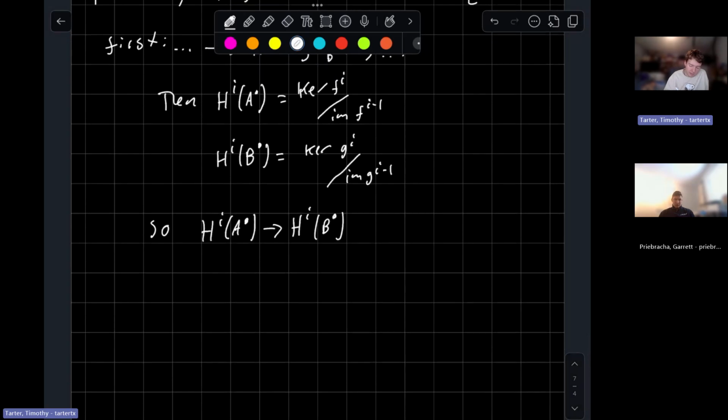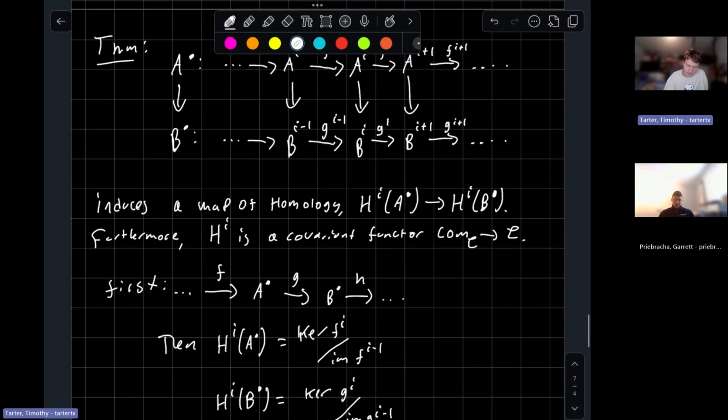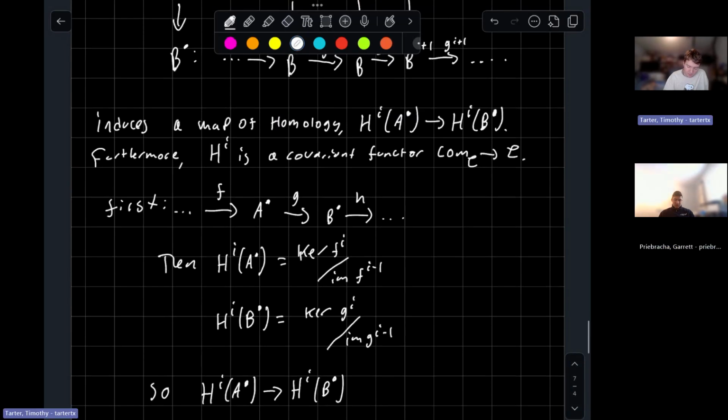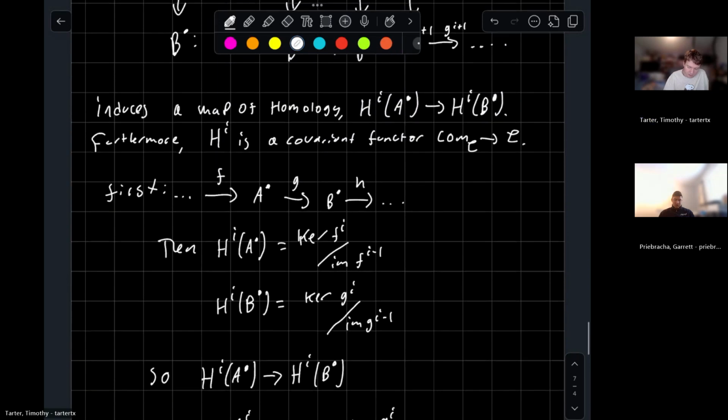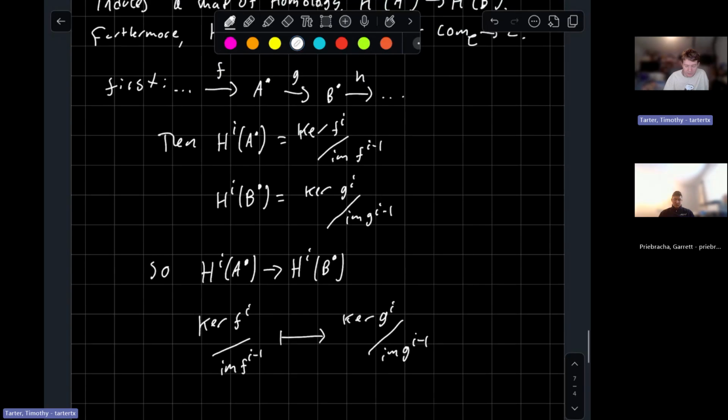And so the map of homology groups maps the kernel of Fi mod the image of Fi minus 1 to its counterpart in the double complex. And that makes a lot of sense.